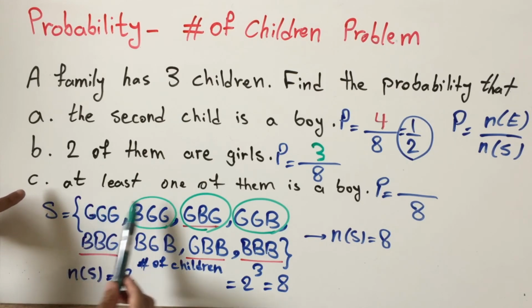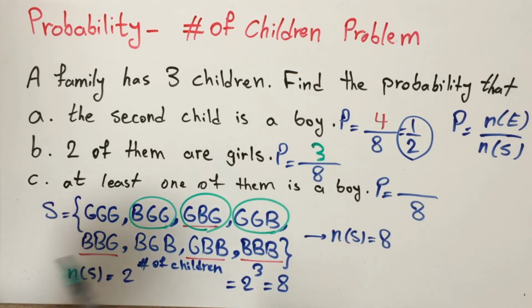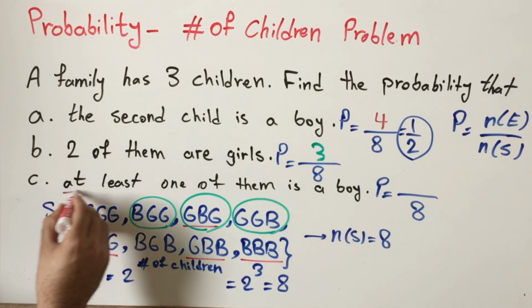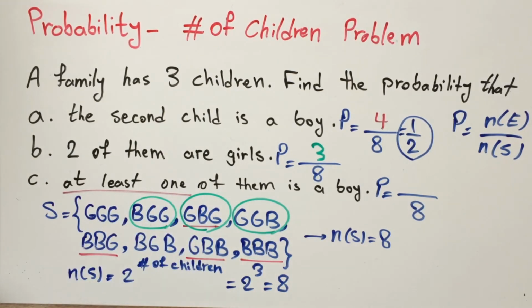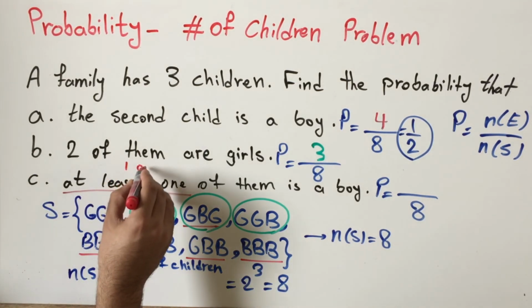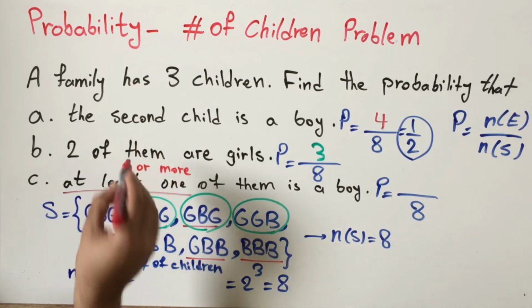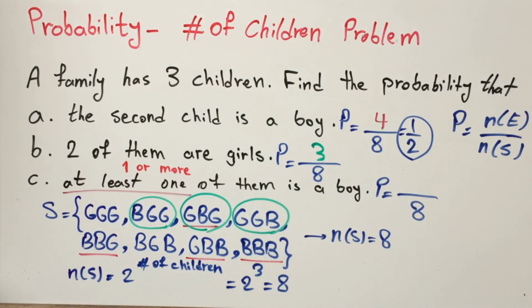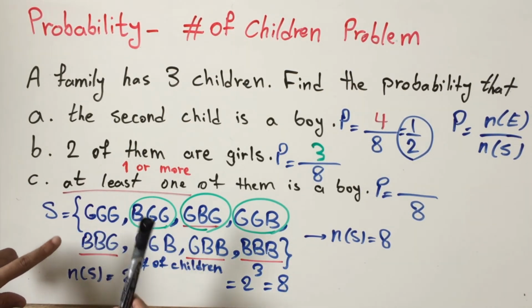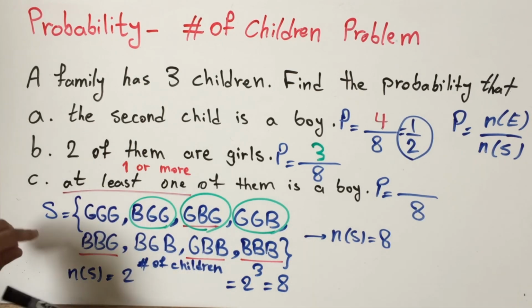In part C, it says at least one of them is a boy. When it says at least one, that means one or more. So I have to look at the list again and find the ones that have one boy or more than one boy.